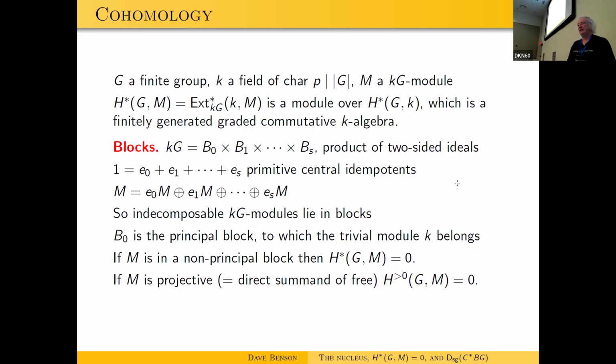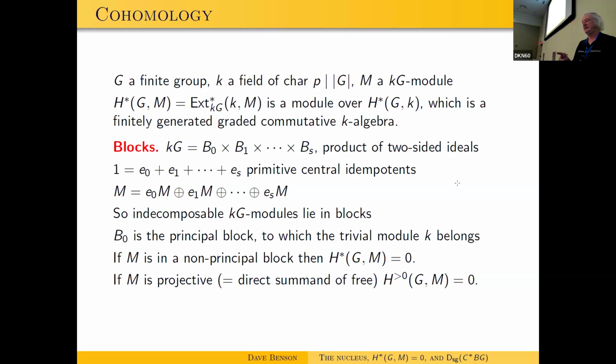The thing to know about cohomology is that it only sees one block of the group algebra, namely the principal block. So we're going to decompose the group algebra as a direct product of algebras that can't be decomposed any further. That's a unique decomposition, not just up to isomorphism.